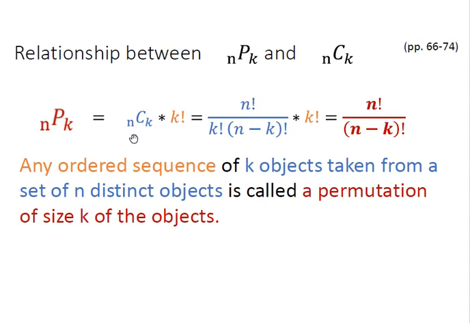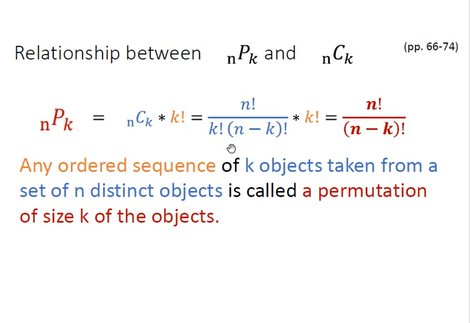So at first, we are going to select or choose k objects out of n objects, and it's the product principle, and after that we are going to order all of the k objects, or we are going to arrange all of the k objects. Arranging k objects out of k objects is k factorial.